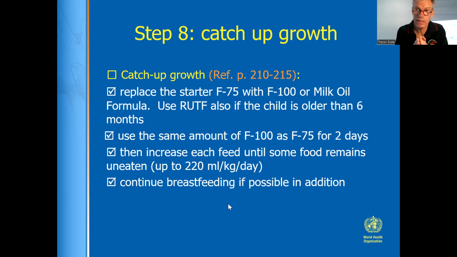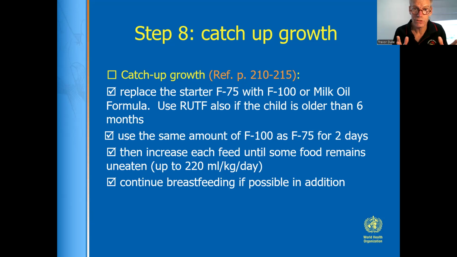Once the child's started to gain weight, and remember, if a child's got edema, they're likely to lose weight to start with in the first few days or a week, and then they'll start to gain weight as anabolism takes over. That is when they start to build protein, build muscle, put back on fat, and have adequate glucose stores.